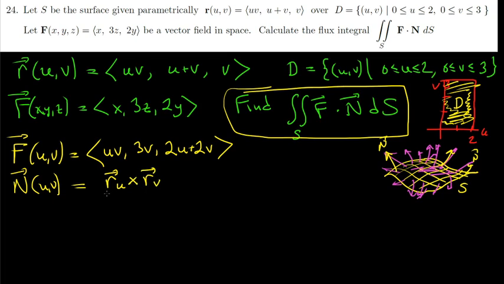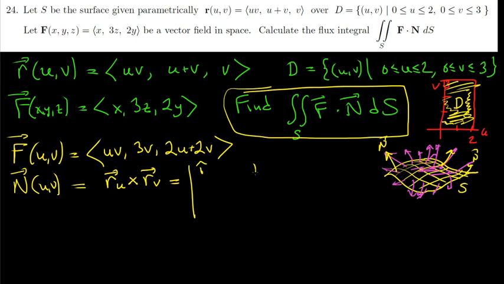This may be a unit vector, but probably not, so we would have to normalize it. Actually, I don't think we have to, because that will be incorporated in the dS part. In other words, the n dS will just be this in terms of u and v, so that comes later. Let's just do r_u cross r_v.